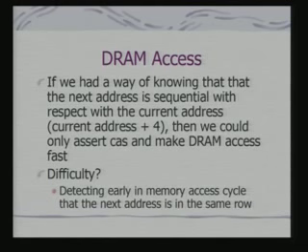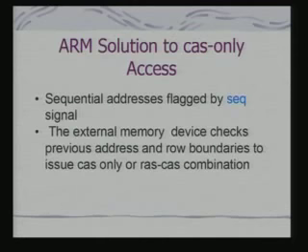And for that, the SEQ signal, which comes out of the ARM, is an ideal source of that information. So, sequential addresses are flagged by the SEQ signal which comes out of the ARM, fine. So, the external memory device checks the previous address and row boundaries to issue CAS only or RAS CAS combination.